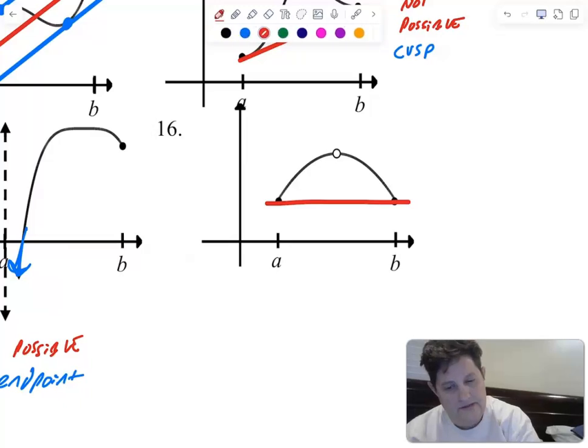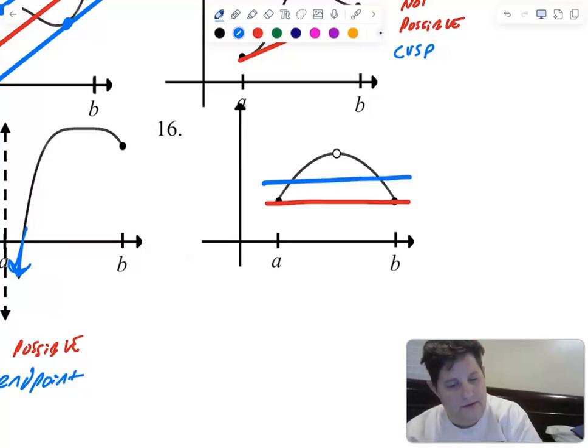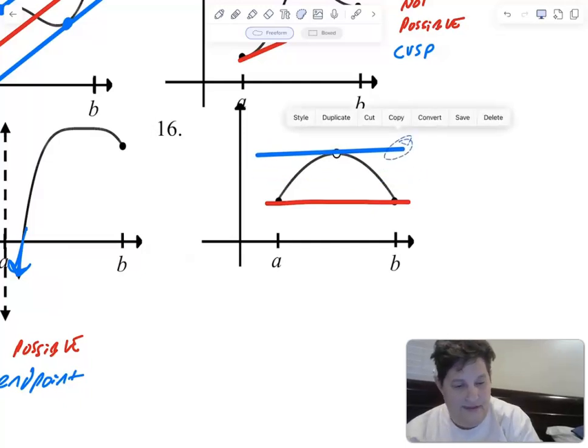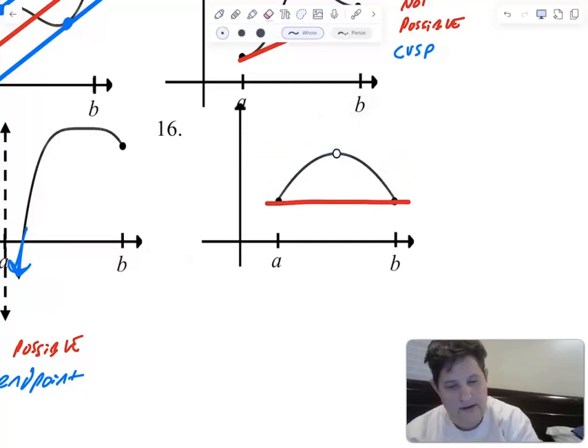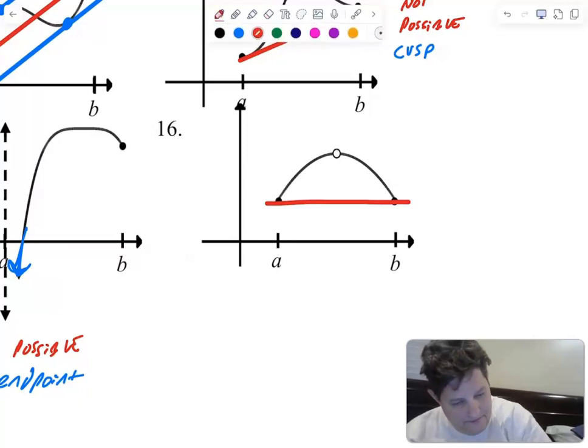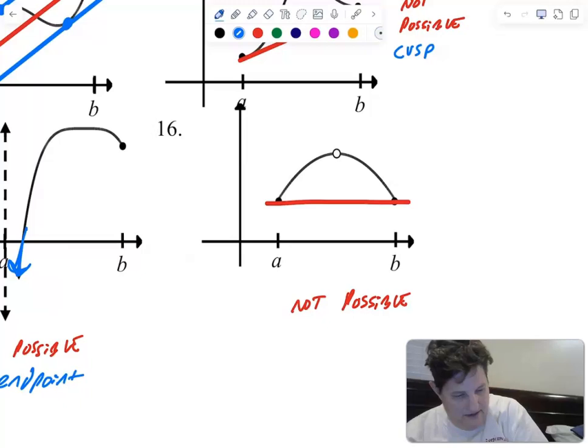You can see there's a little issue with this one because it should be there, but that's not a point. Again, it's not possible in this scenario, because there is a hole, or we can say it's not continuous.